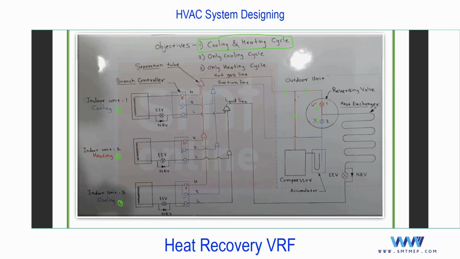So you see after compression, if the refrigerant flows in the right direction, you can expect cooling. On the left direction, you can expect heating. Okay. So what will happen? Partly the refrigerant will flow in the left direction, partly in the right direction, because this valve is open now. So you see the first indoor is calling for cooling. So we'll talk about this refrigerant. Here the refrigerant is available for cooling and this valve is closed.